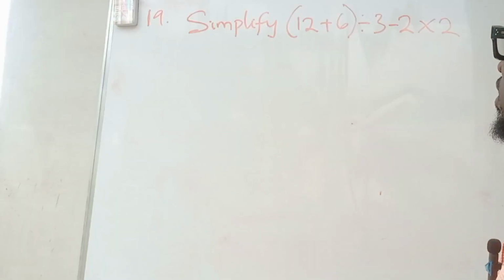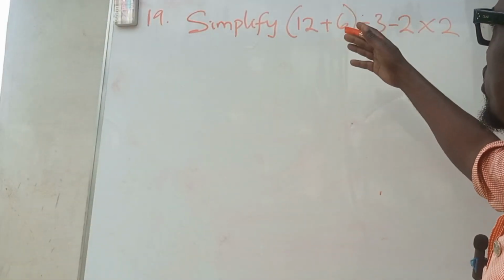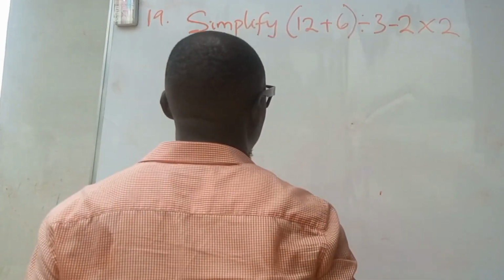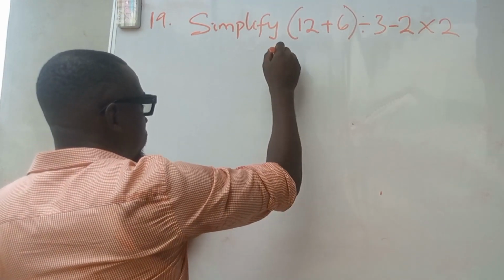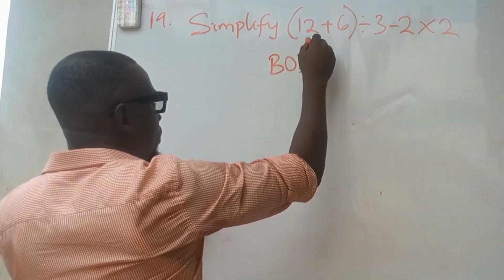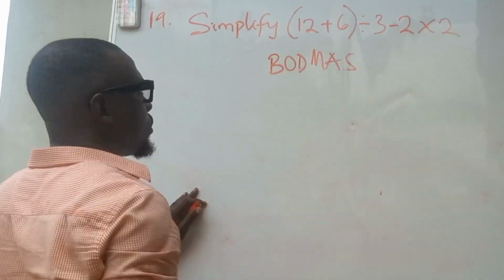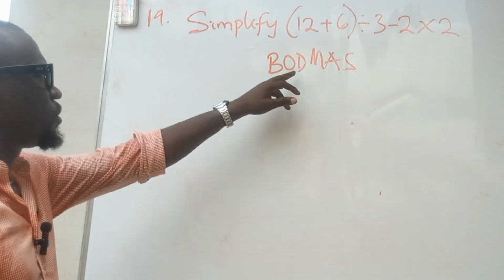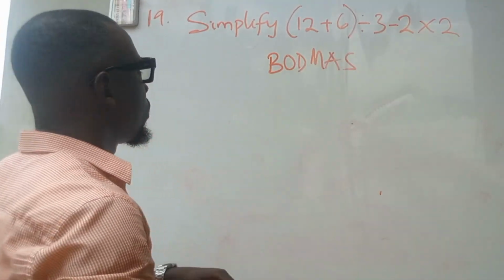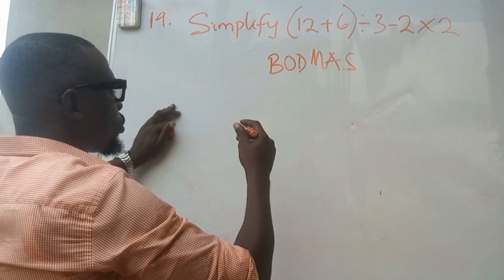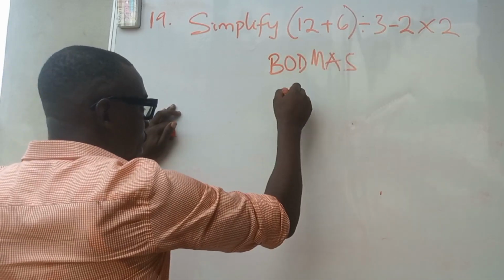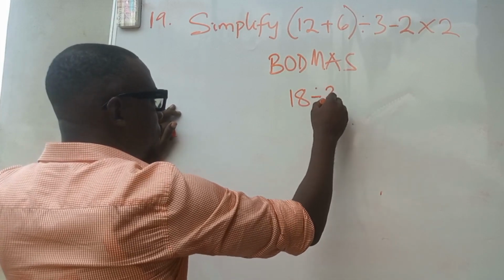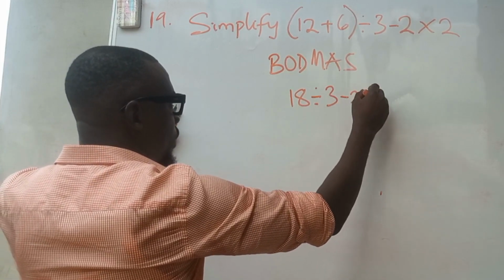The question says, simplify, open the bracket, 12 plus 6, close bracket, divided by 3 minus 2 multiplied by 2. Yeah, this is BODMAS. We're going to apply BODMAS if you want to solve this correctly. Bracket, order, division, multiplication, addition, subtraction. So we have 12 plus 6 in a bracket, which is 18, divided by 3 minus 2 multiplied by 2.